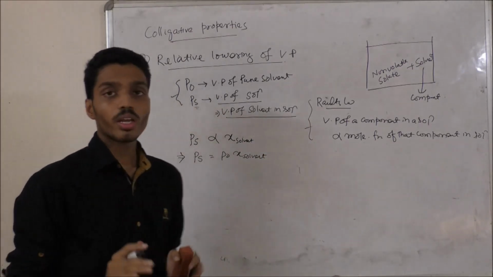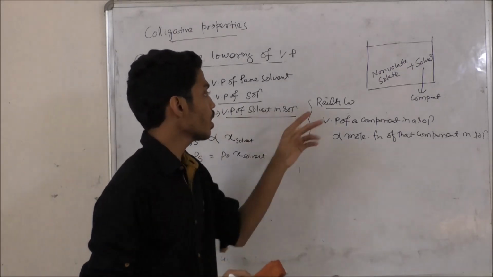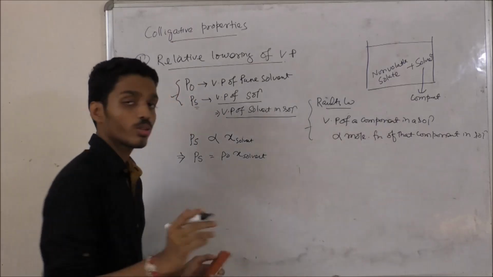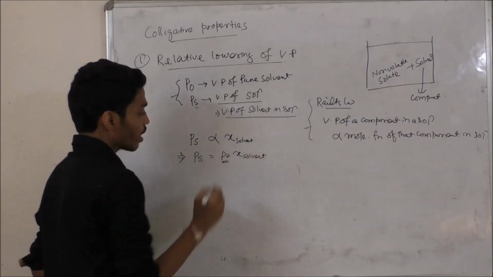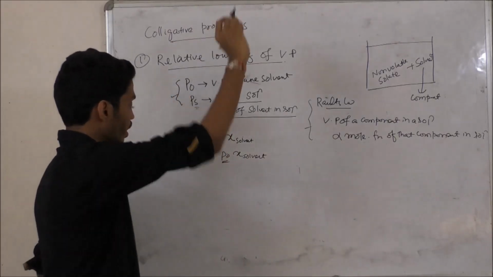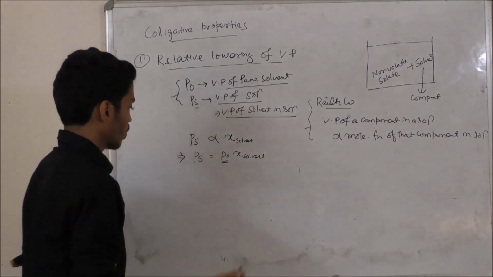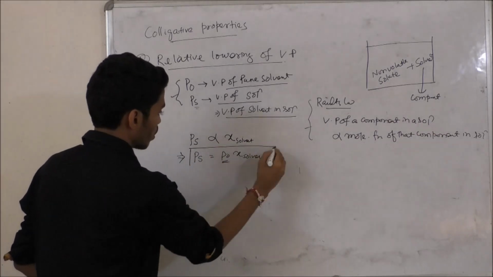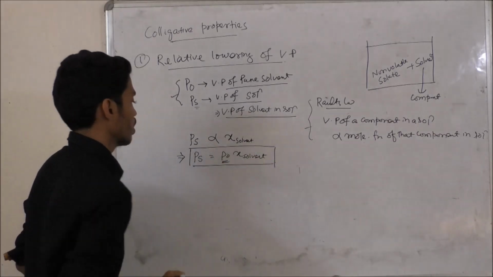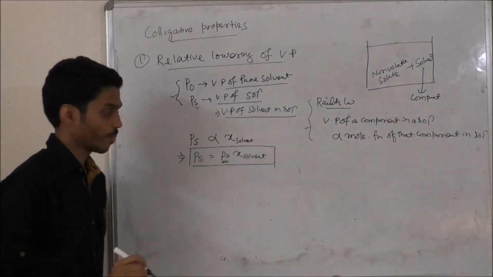Why? Because while teaching Raoult's law, we had used this term at that time also, where P naught is the vapor pressure of pure solvent. So this is the equation.